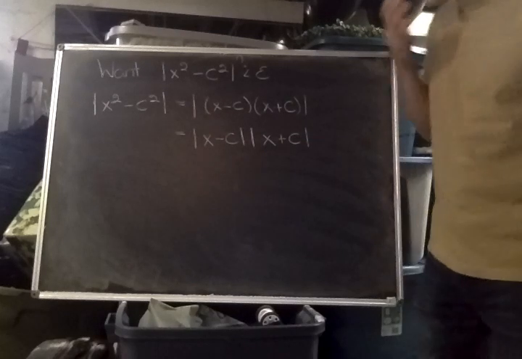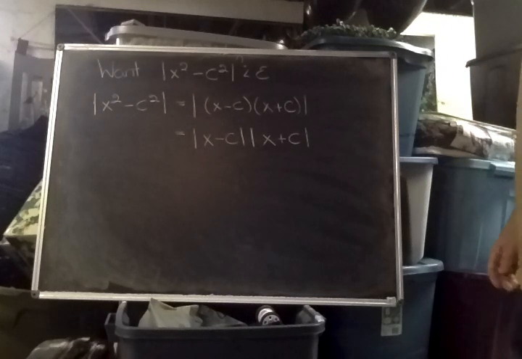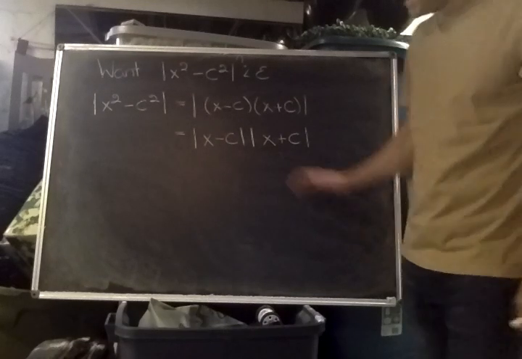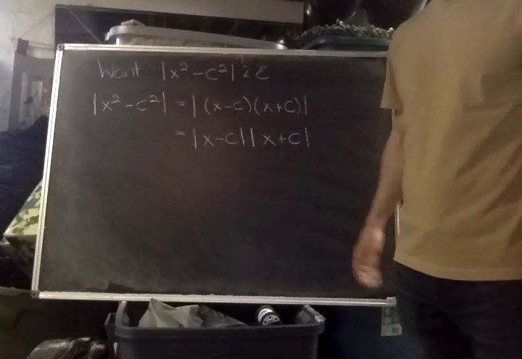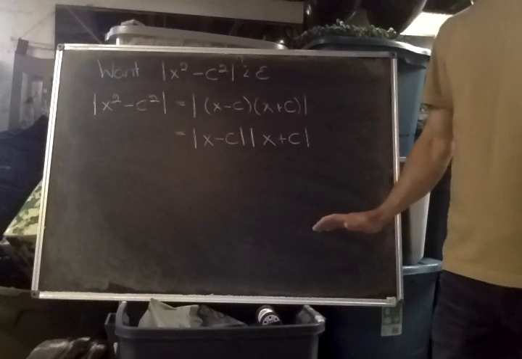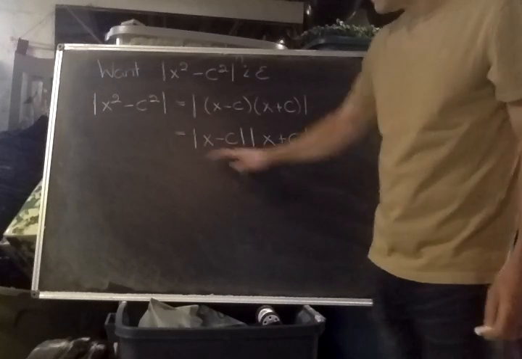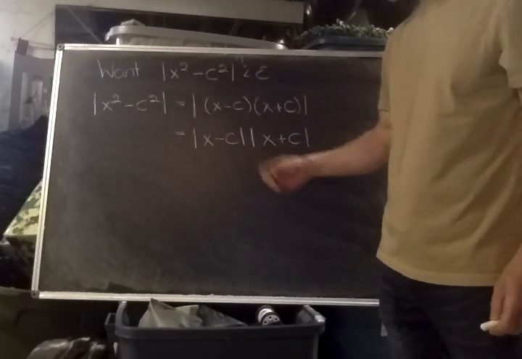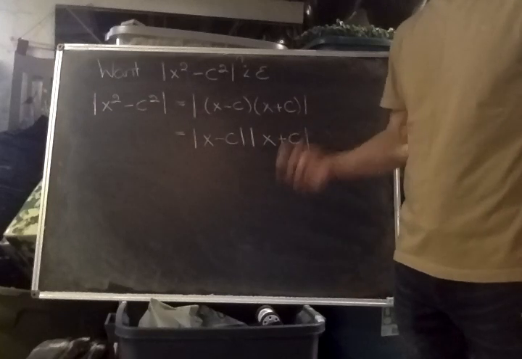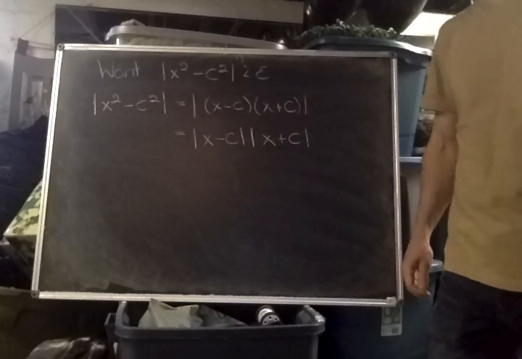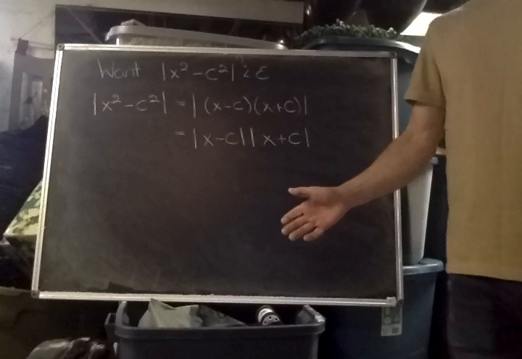And similar to the case of limits, it would be great if I were able to replace this quantity here, this absolute value of x plus c, with just a constant, okay? Because that would say that I would like absolute value of x minus c times a constant to be less than epsilon, and then it's pretty clear how small the absolute value of x minus c ought to be, okay?